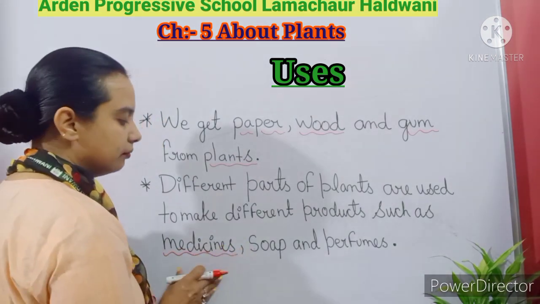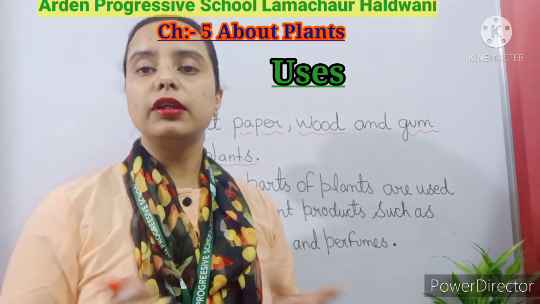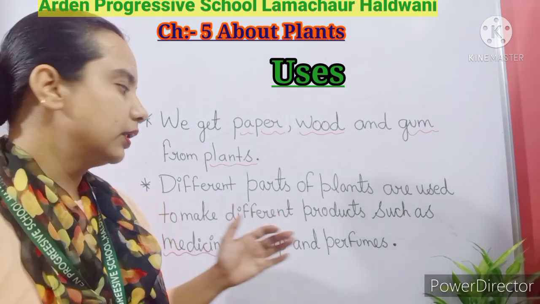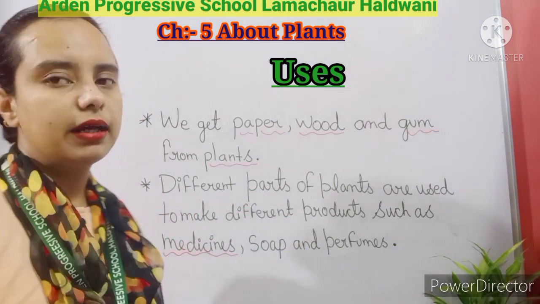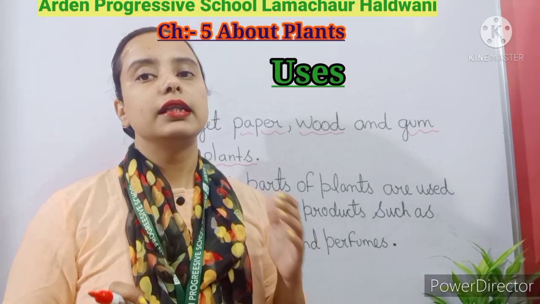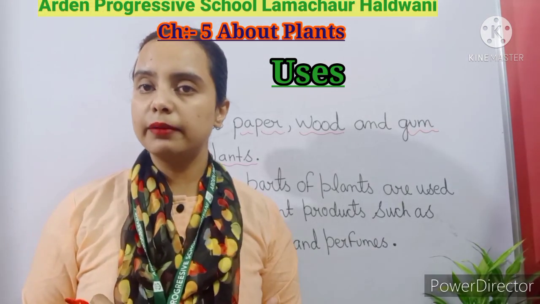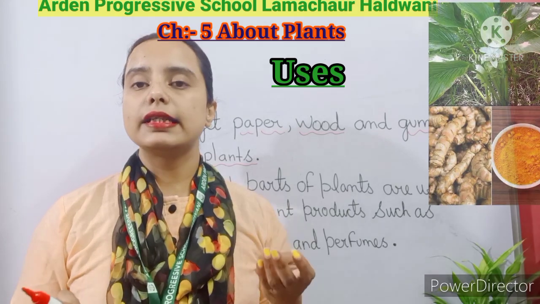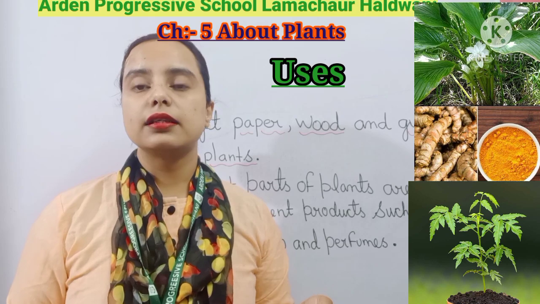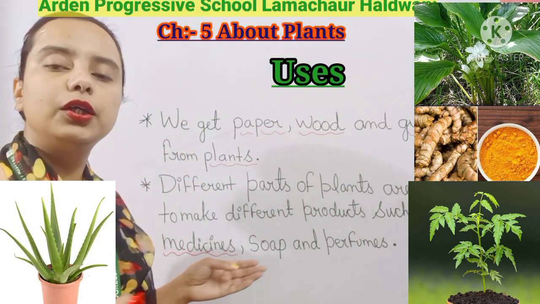From the different parts of the plants we get different products, and one of the products is medicine. The examples of plants from which we get medicine, which are very basic and we know them, are the turmeric plant, the neem plant, and aloe vera. All these plants are used for medicinal use.